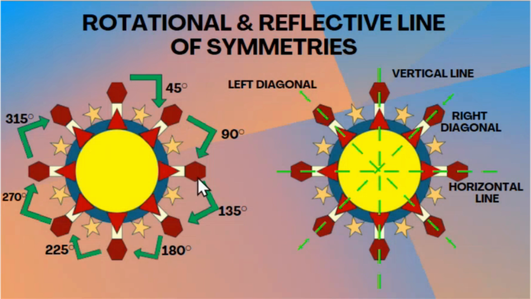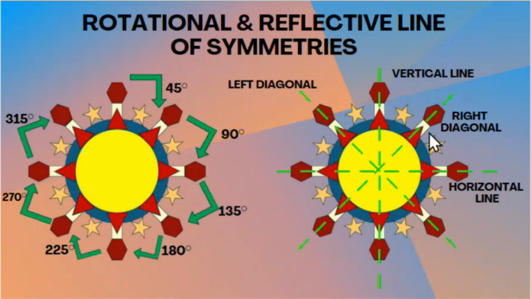Then 90 degrees, the third sun ray, then 135, the fourth sun ray, then 180 degrees, the fifth sun ray, and so on. So 225 degrees, then 270 degrees, and 315 degrees rotation.